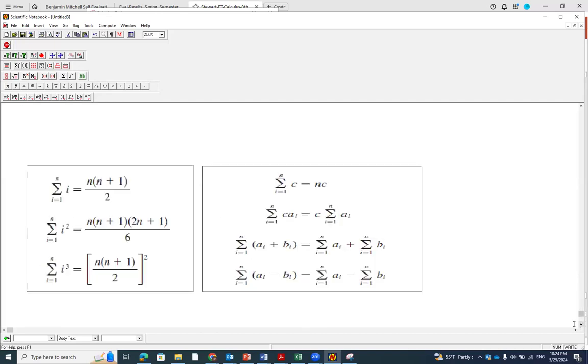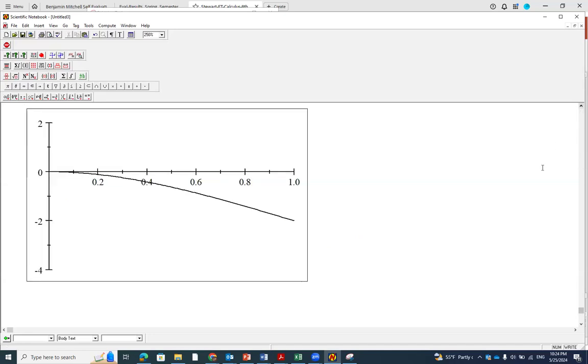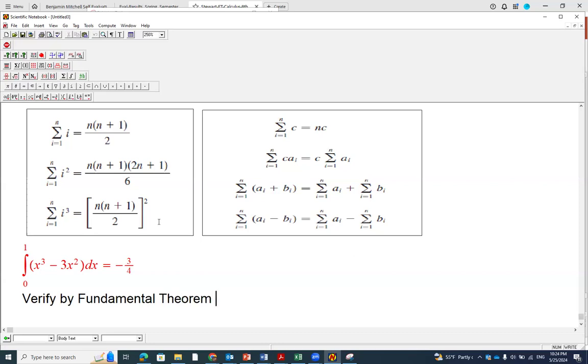So we also learn to appreciate fundamental theorem of calculus part 2 because we don't have to do all of these summation. Okay, not to mention in many cases it's very difficult to do. Verify by fundamental theorem of calculus part 2.